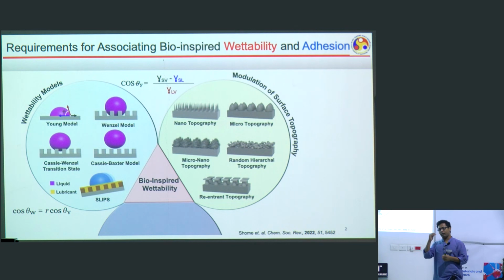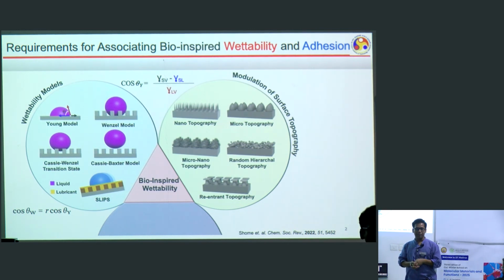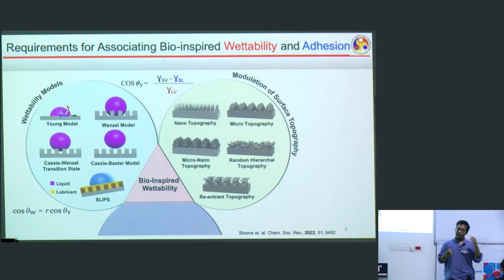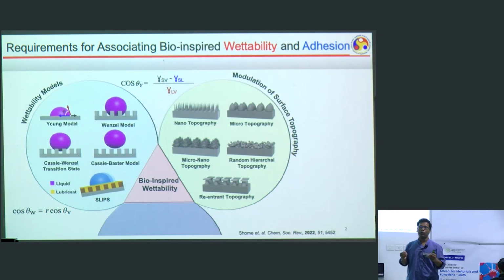If you cross that barrier, then it's called super hydrophobicity. If it is an oil, then it's called super oleophobicity. If this phenomenon happens underwater, then it's called underwater super oleophobicity, or under-oil super hydrophobicity. It's a very simple thing. If you just understand the genesis of this contact angle, liquid and all, it's very clear.